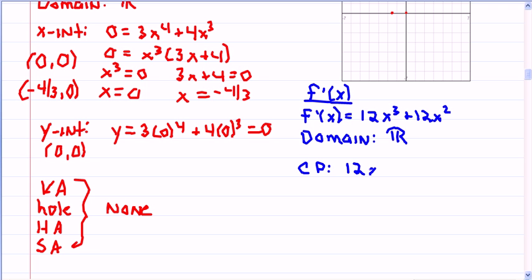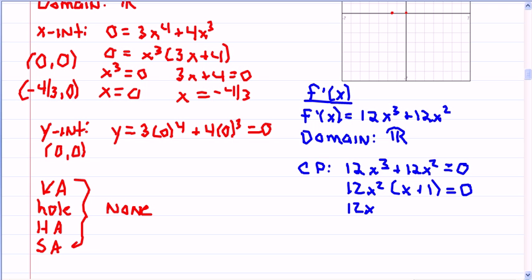I take 12x^3 + 12x^2 and set it equal to 0. So when I factor 12x^2(x + 1) and set each factor equal to 0, I get x = 0 and x = -1.